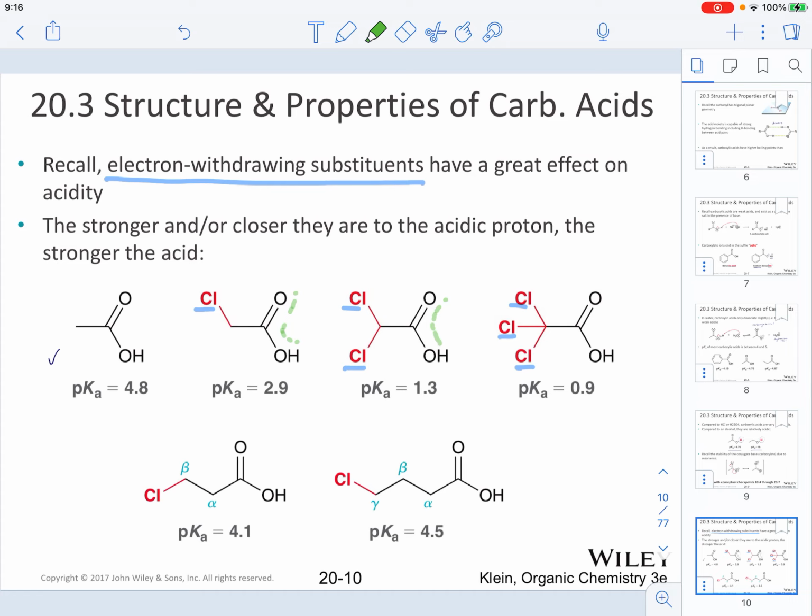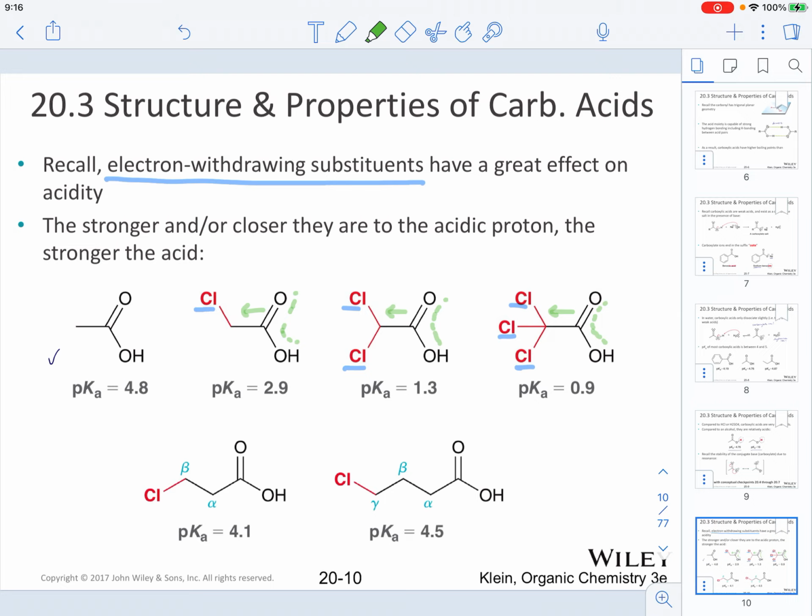So it's going to be pulling electron density towards the electronegative atom. And overall, the electron density that is fluctuating between the carbon-oxygen bonds, the chlorines in this case are going to be pulling it towards them and stabilizing them.